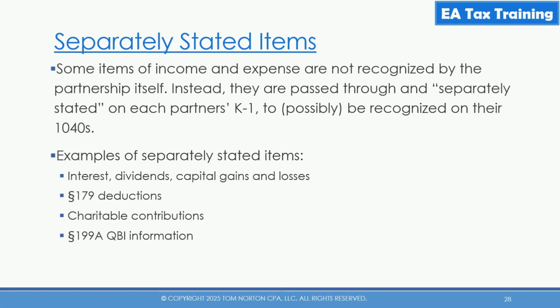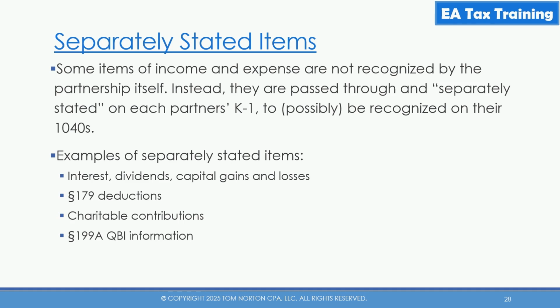So they will be reported by the partnership on Schedule K, but that's not part of that page 1 that we saw. It's a separate page. They will be on Schedule K, and then they will be allocated out to the partners on Schedule K-1. We will be looking more at that a little bit later.